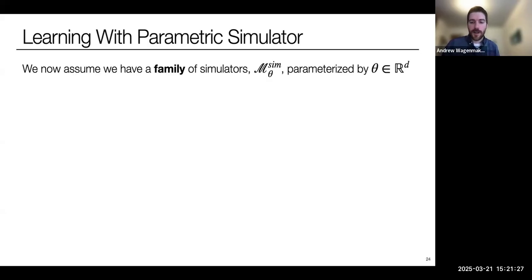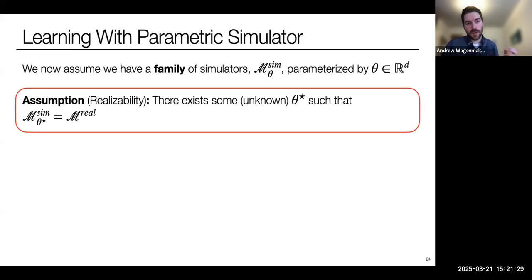Now, what we assume here is a realizability assumption that there exists some unknown theta star such that if we plug in the right theta star, sim will actually model real perfectly. In practice, this is probably never true. So you can think of this as saying that you can get your sim to be very close to real, even if it's not truly perfect.